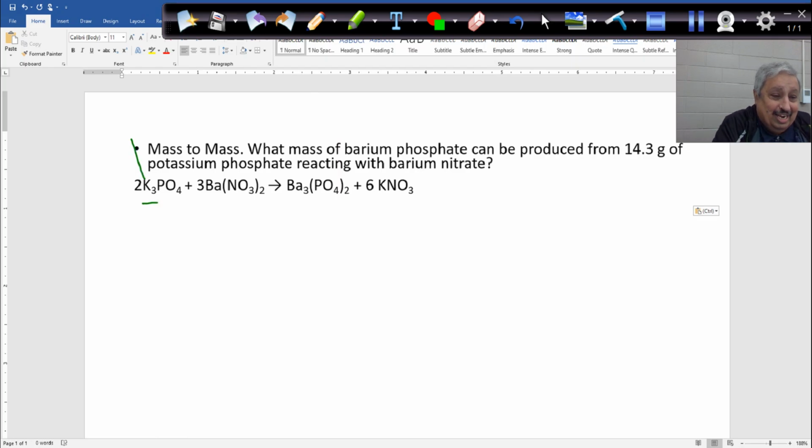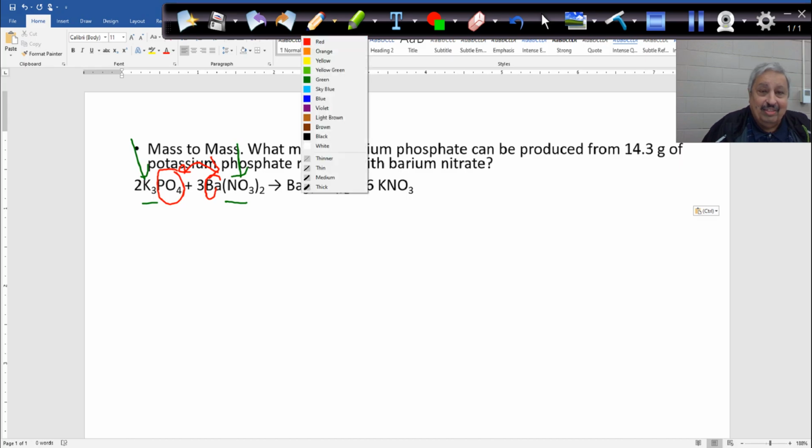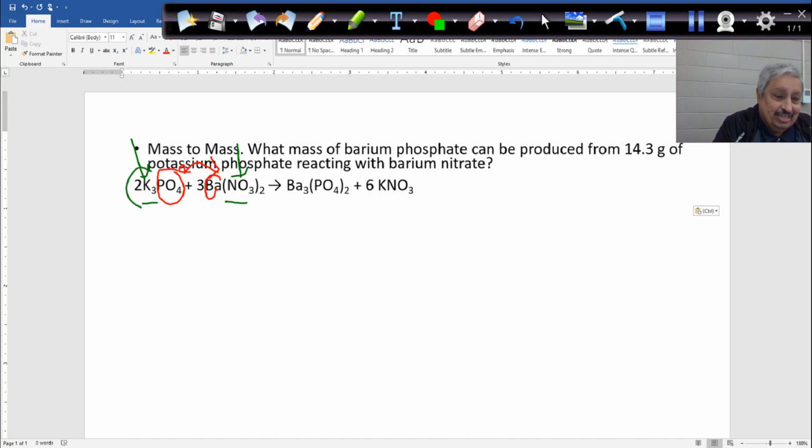So potassium here will take over what? Over the nitrate here. Correct? Potassium will take over the nitrate, and the phosphate here will be taken by barium. That's a double displacement. They swap their anions with their corresponding cations. Swapping partners means the ions of the first one will take the other's cation, and vice versa.